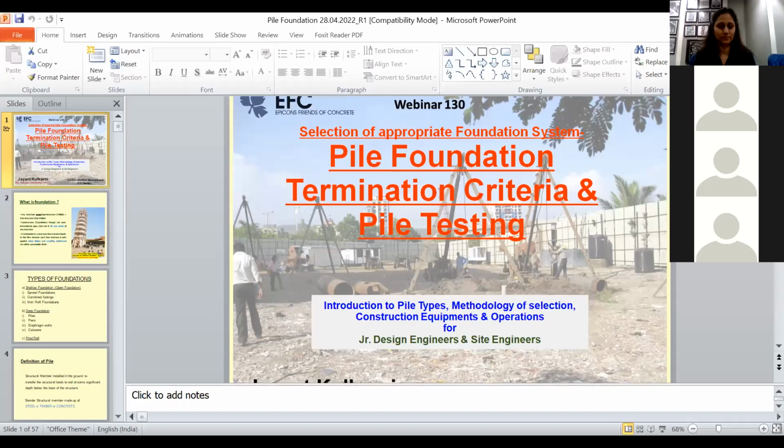So with this, what is foundation? Any structure has got two parts: superstructure, visible; substructure, not visible. Substructure, though not seen immediately, plays a vital role in life and safety of any structure.